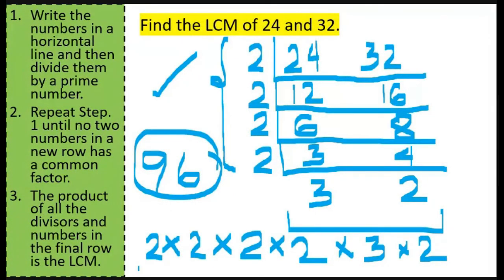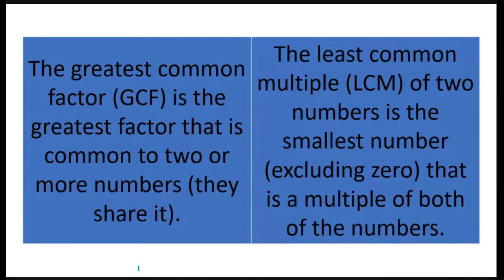Okay? Let's continue. So, now, to sum it up, GCF is the greatest common factor, or the greatest factor that is common to two or more numbers they share. So, ibig sabihin, yung pare-parehas na pinakamataas. Paano makuha si factor? Anong number yung i-multiply mo para makuha yung sagot? You can use the continuous division or listing method kung saan kayo convenient.